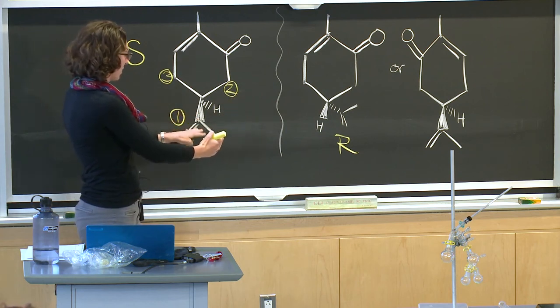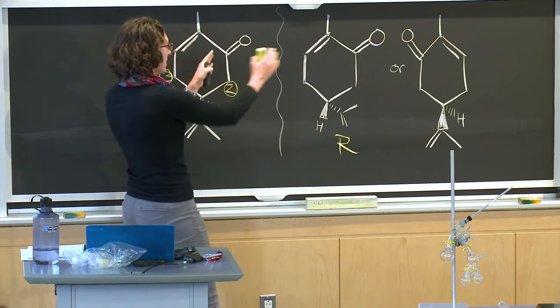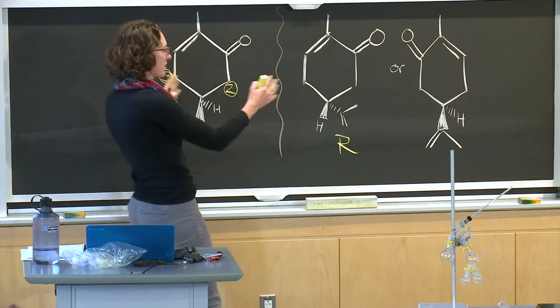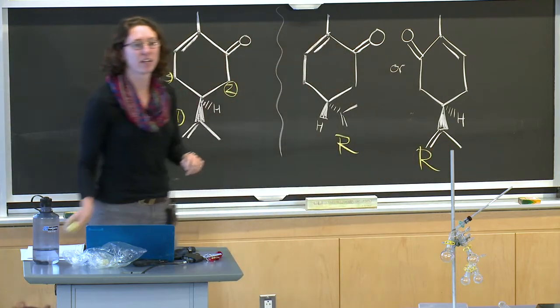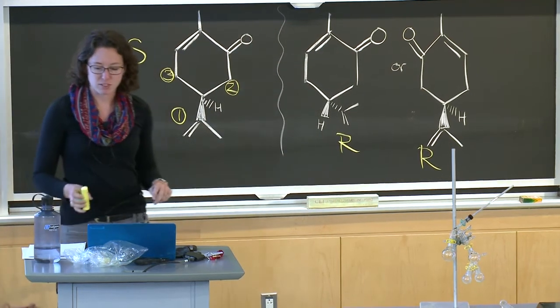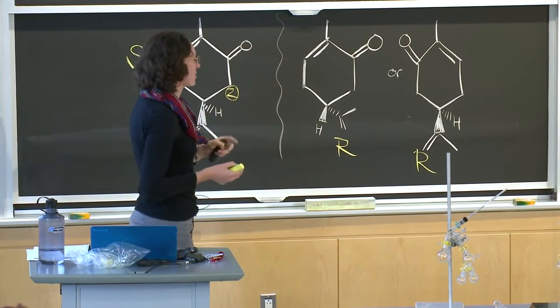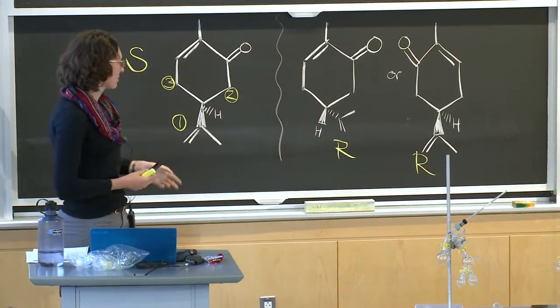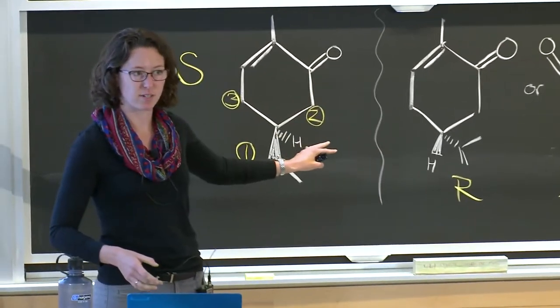Even though this group is pointing forward in both, the oxygen and the double bond have flipped sides, so these 2 are mirror images. So this is also R. A big part of organic chemistry and figuring these things out is being able to manipulate the molecules spatially in your head. A lot of times it's easier with models, but does that make sense, how we get those? Excellent.